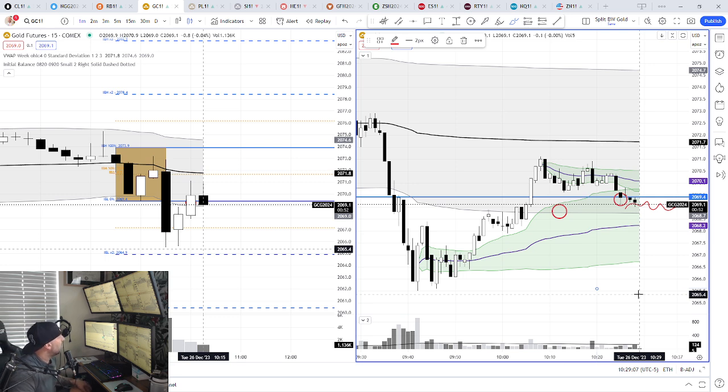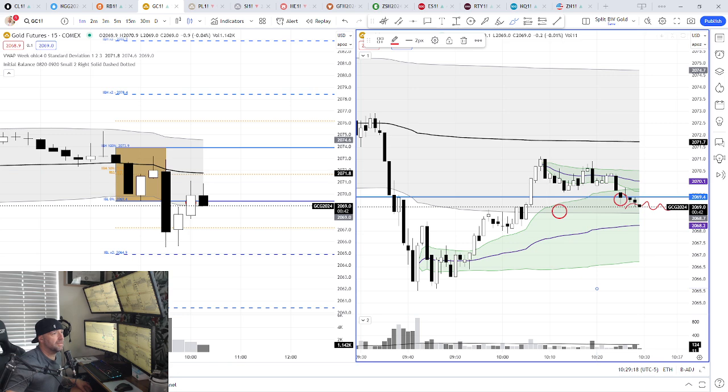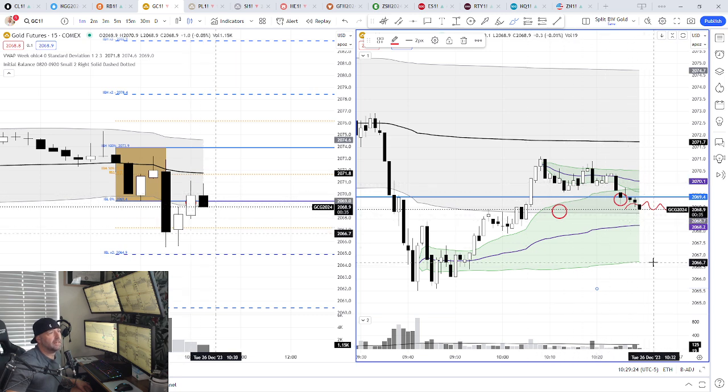I don't know if I like this long. It looks like, on the longer time frame, it's accepting prices in value and then rejecting. So we didn't even make it to VWAP. So this is like, okay, we're trying to find balance, and we're getting rejected, out of balance again.